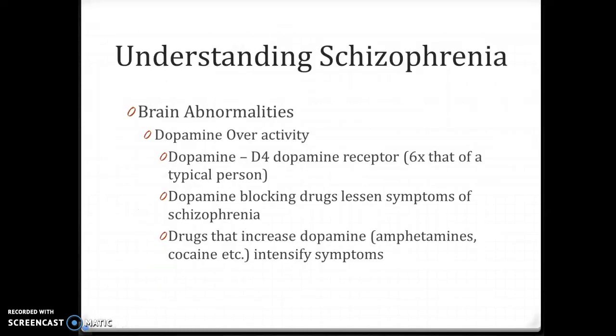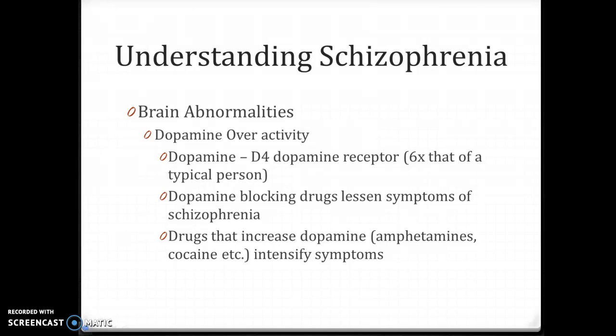One thing with understanding schizophrenia, so why does it happen? Again, there are different schools of thought with why it happens, but a big one that we can physically see is brain abnormalities.